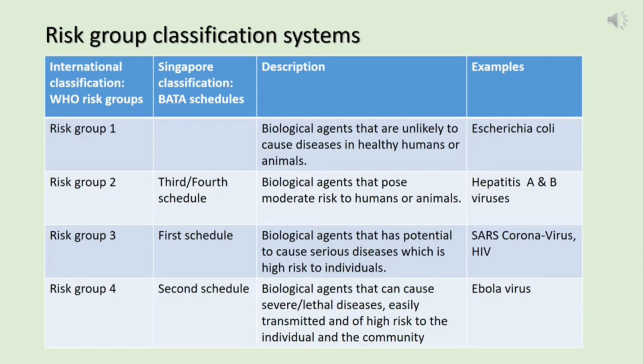BATA stands for Biological Agents and Toxins Act, and the slide gives a description of those agents and some examples. Risk group 1, as I mentioned earlier, is the least hazardous, like E. coli. Risk group 4, for example Ebola virus, is a very, very dangerous biological agent. You don't have to memorize the examples or the description. This is given for your information.